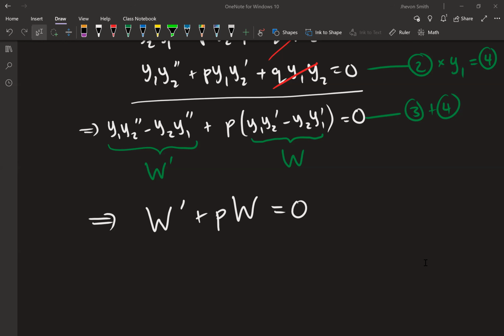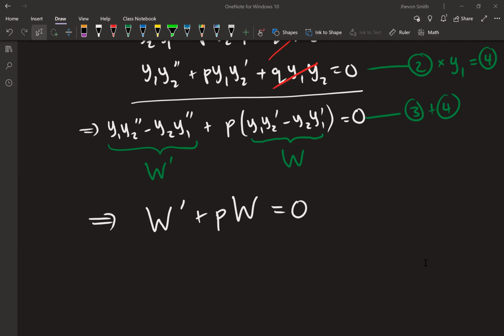What kind of a differential equation is this? How would you solve this? It's linear, yes, first order, yes, but if you were to solve this, it is first order linear and you could use the integrating factor method, but you're thinking too hard.